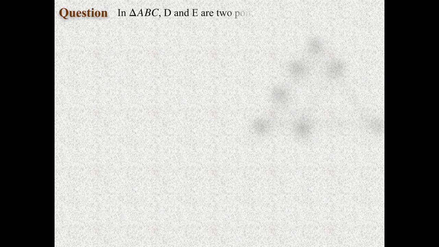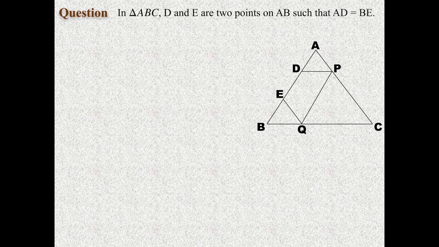It says in triangle ABC, D and E are 2 points on the side AB such that AD is equal to BE. If DP is parallel to BC and EQ is parallel to AC, then we need to prove that PQ is parallel to AB.